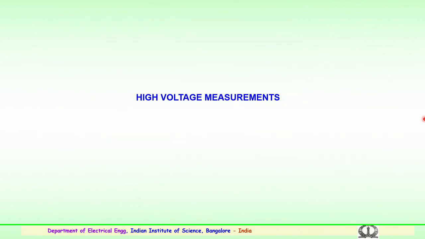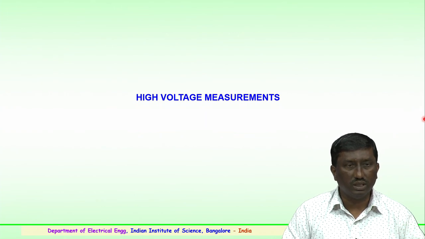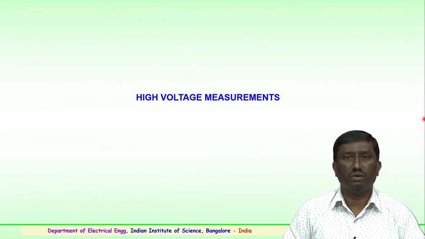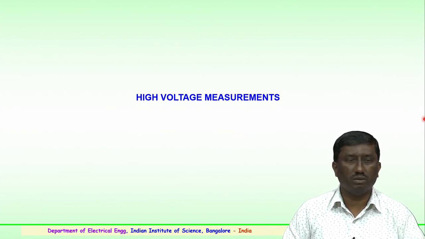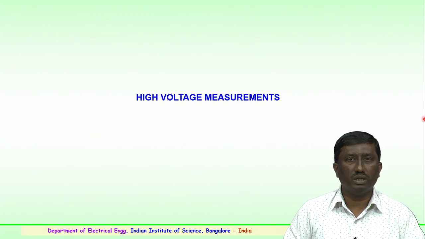So that is about the generation of AC, the generation of DC, and the generation of high impulse voltage surges, both for lightning and switching aspects, and also the generation of high impulse currents.